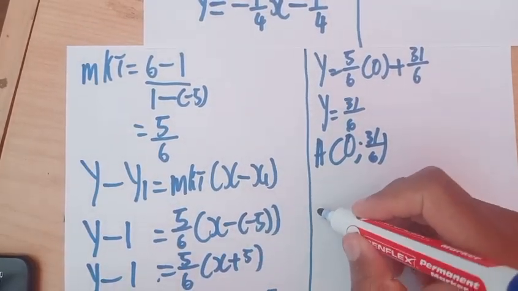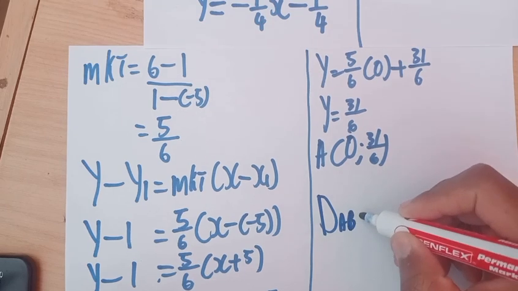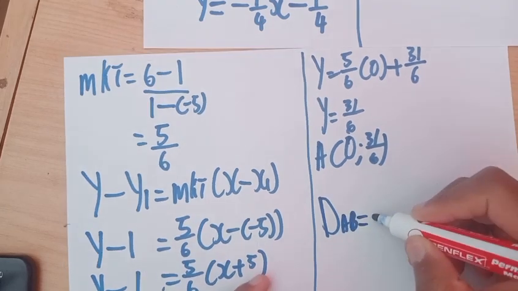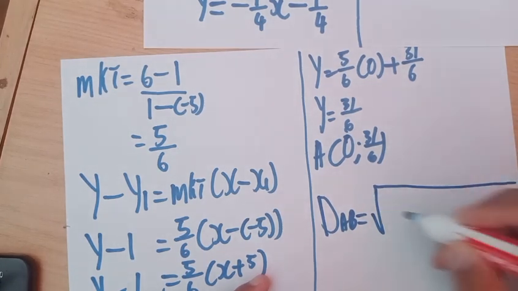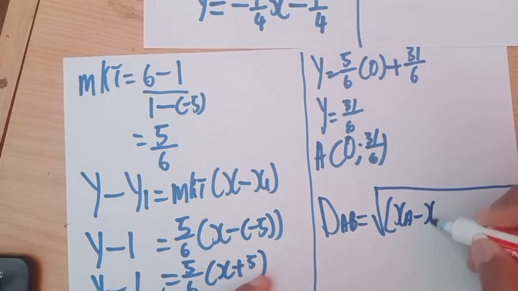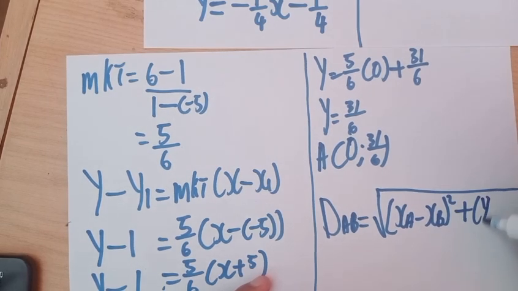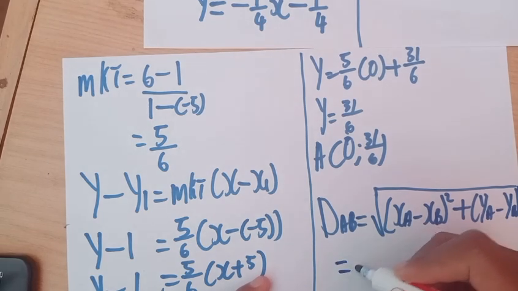So you're going to say the distance of AB is equal to the square root of (XA minus XB) squared plus (YA minus YB) squared.